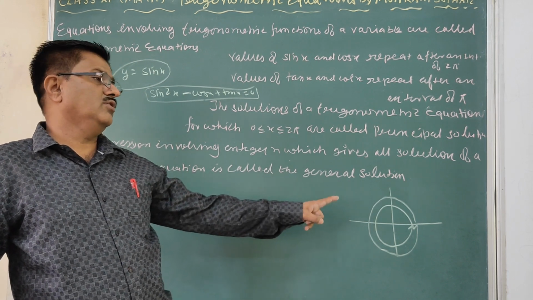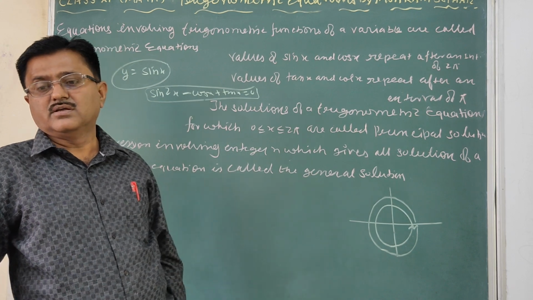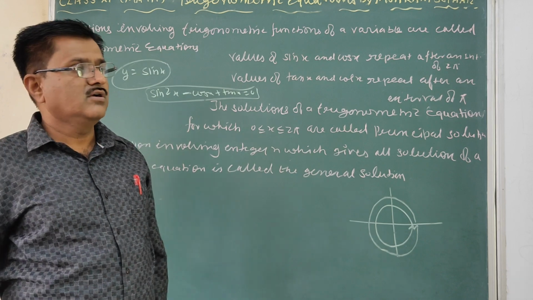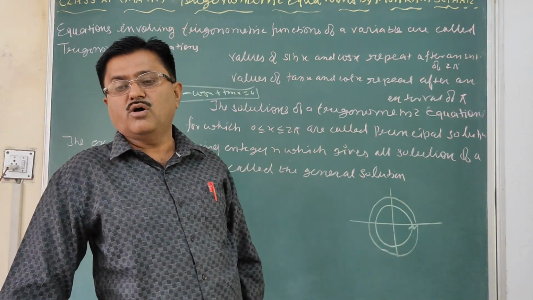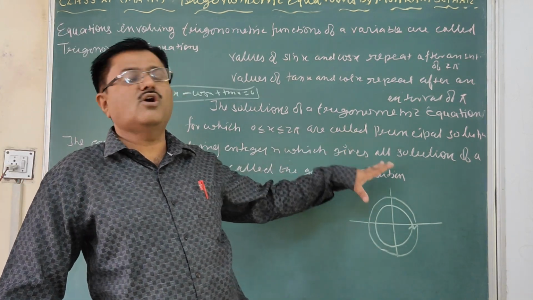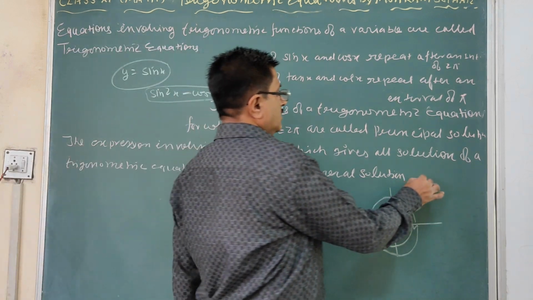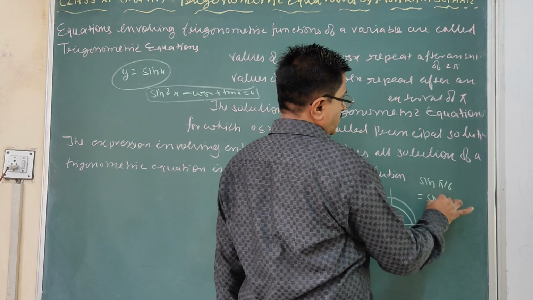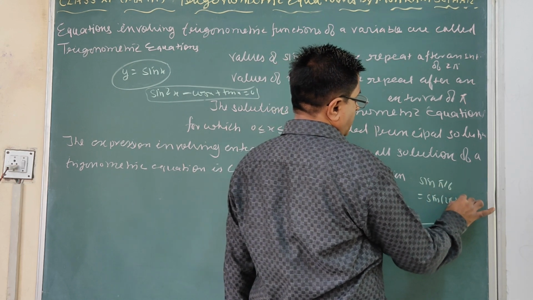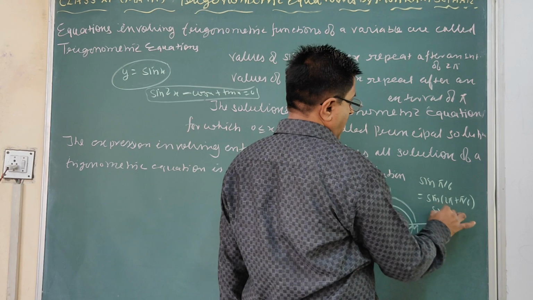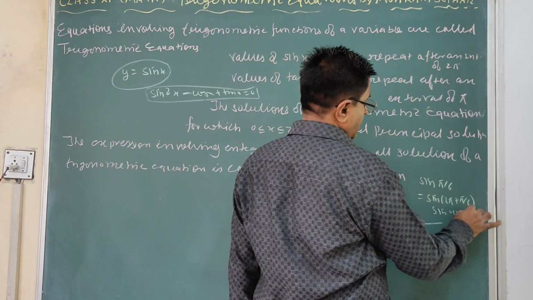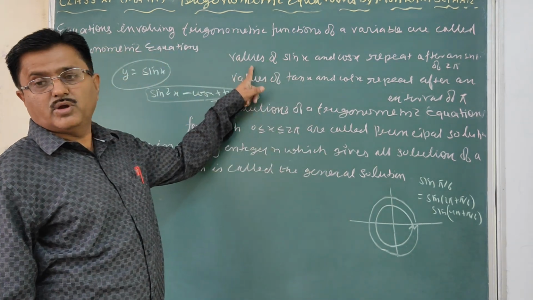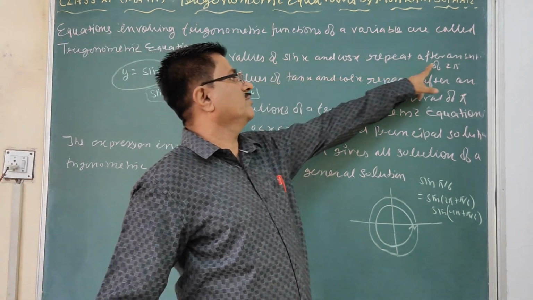Like you see the value of sine pi by 6, then the value of sine 2 pi plus pi by 6, or 4 pi plus pi by 6, or 8 pi plus pi by 6, all are the same. Clear? So that is the repeat. Sine pi by 6 is also equal to sine 2 pi plus pi by 6, or sine 4 pi plus pi by 6. Similarly for cos.